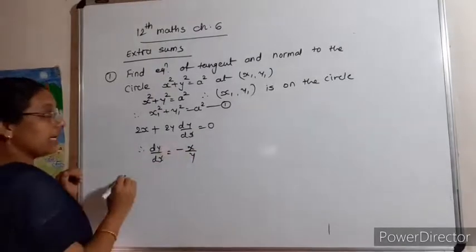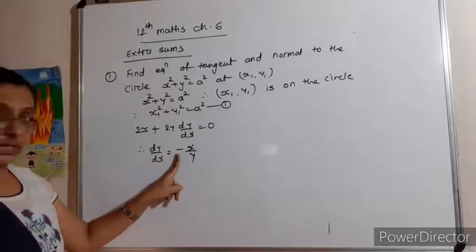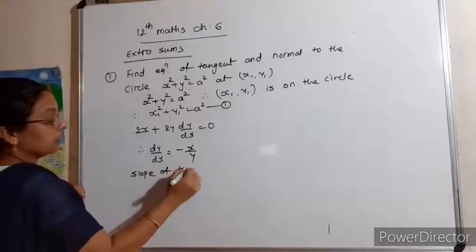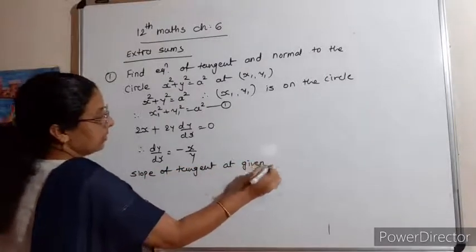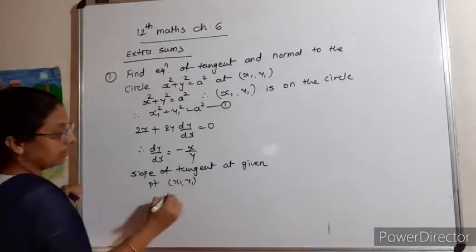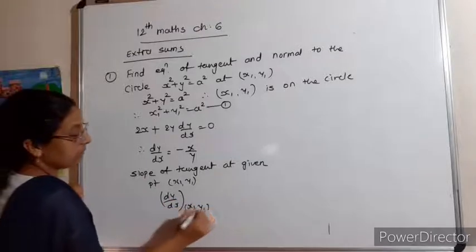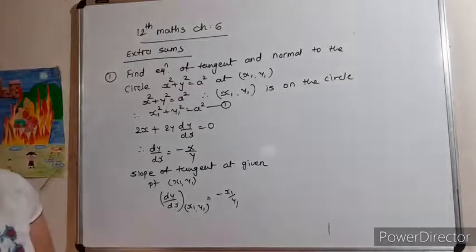This is dy by dx, that means the slope of the tangent. Yes, here the slope of the tangent at given point x1, y1, that is dy by dx at x1, y1, is minus x1 upon y1.